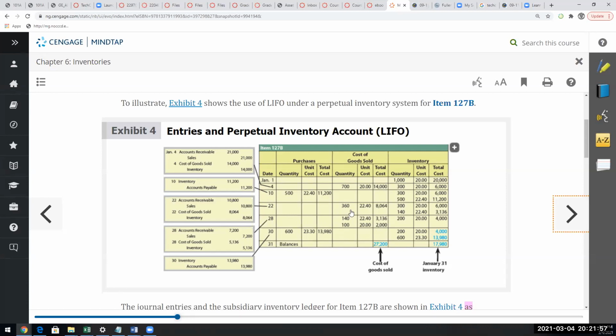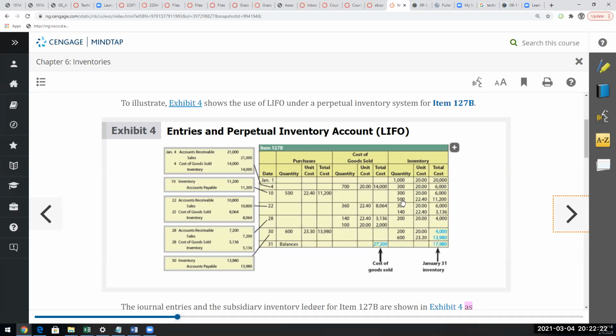Now, we just bought 500, and now we're going to sell 360. Do we have enough to come out of the 500? Yeah, we do. We have plenty. We can take all 360 out of the 500. And if you can do that in your head, 500 minus 360 is 140. Look down here. See the 140?